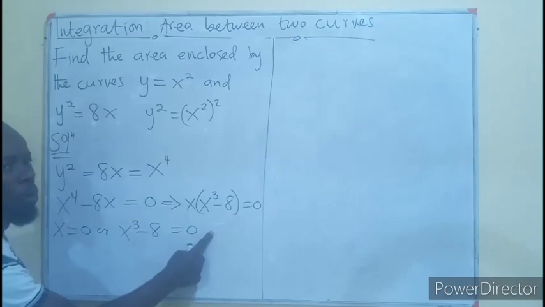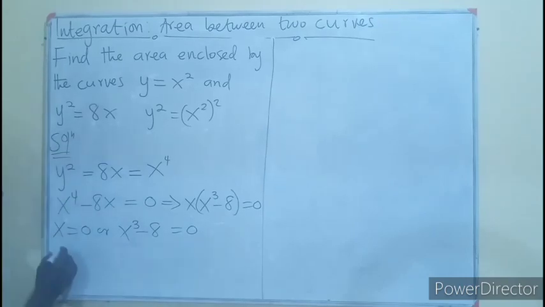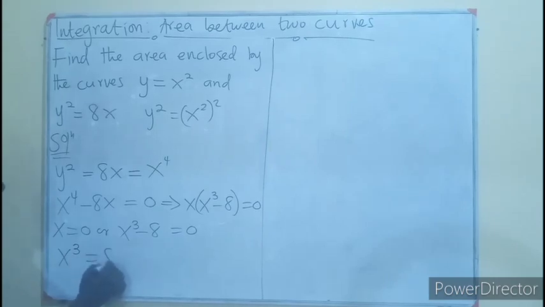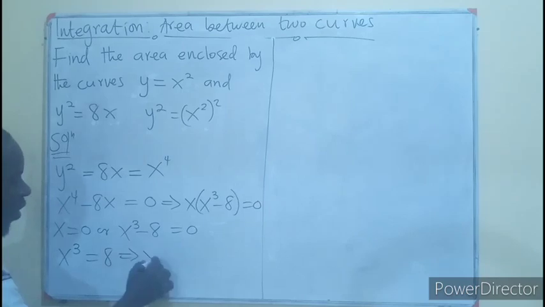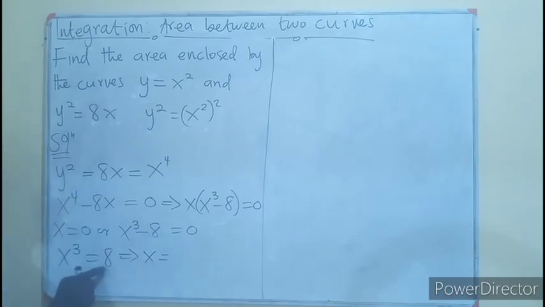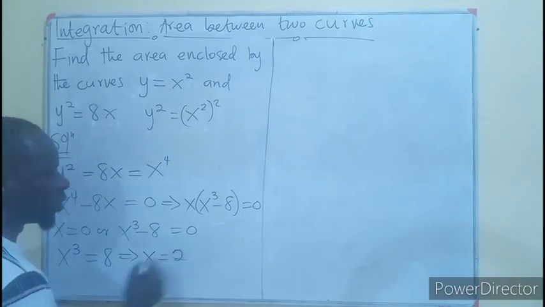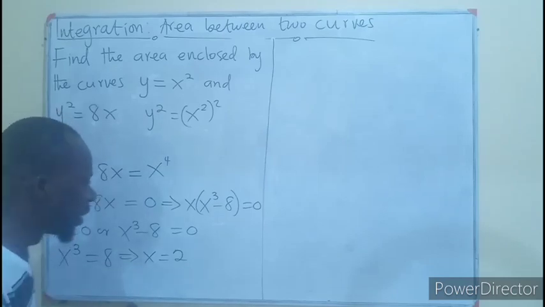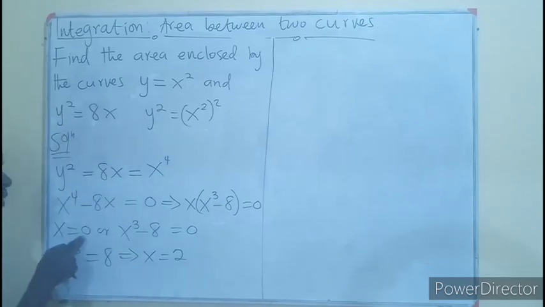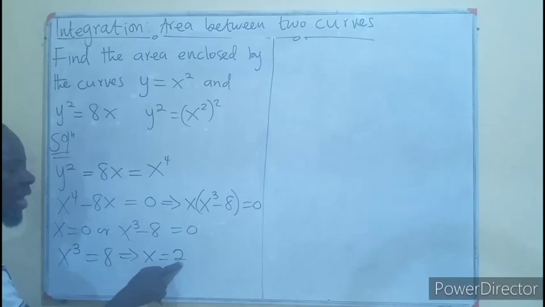This can transpose to become positive. So we have x exponent 3 equals 8. Then if I take the cube root of both sides, x is going to be the cube root of 8, and that will be 2.